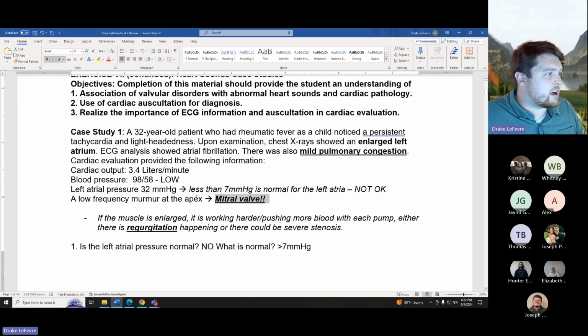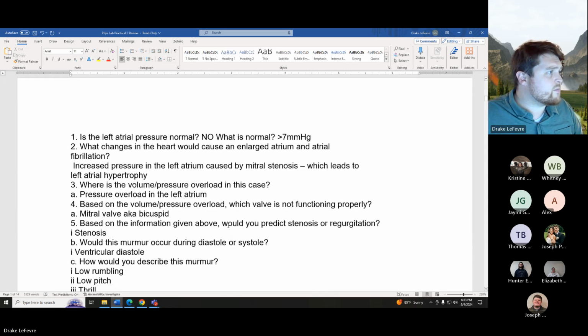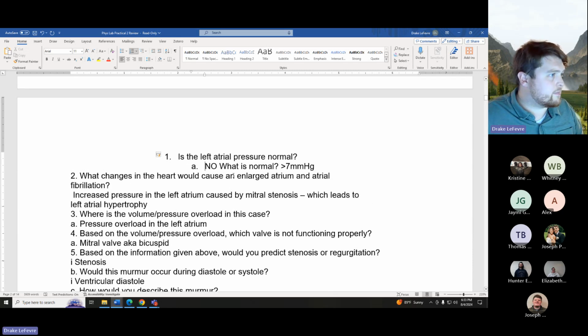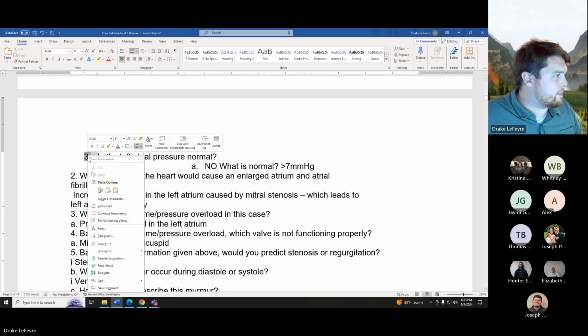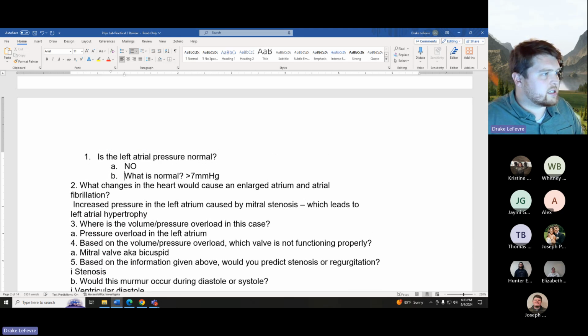We have the mitral valve, we have a low frequency murmur, all this kind of stuff. Let's look at all of these questions. Is the left atrial pressure normal? Answer is no. Because what's normal? The 7 millimeters of mercury.